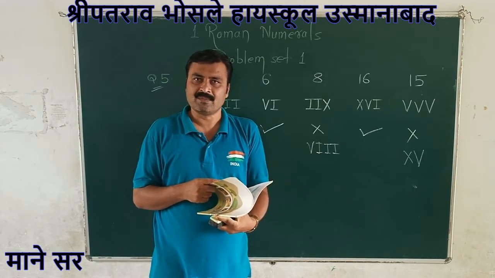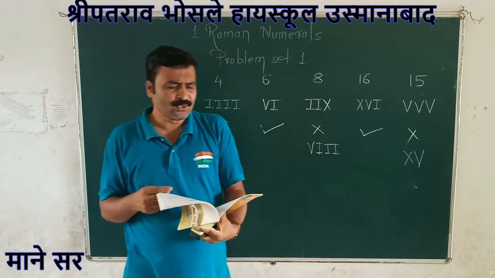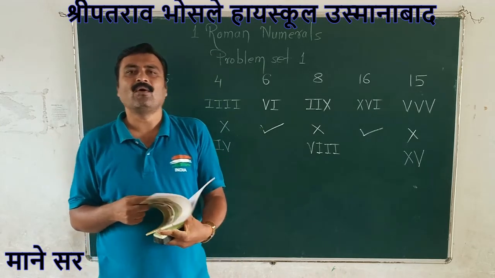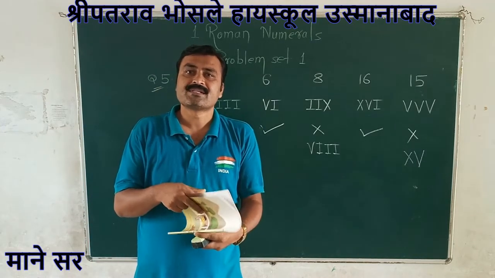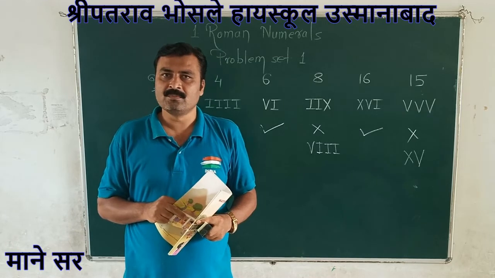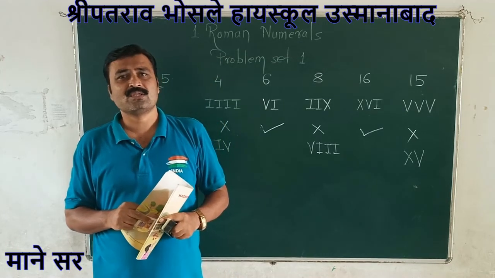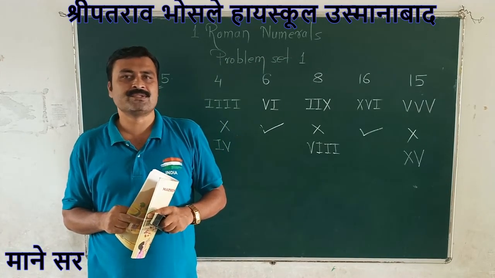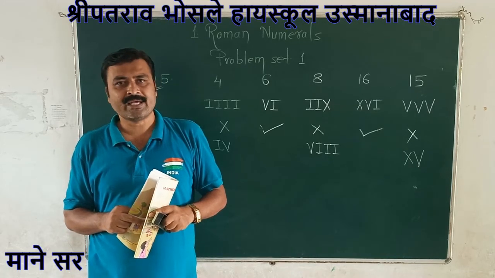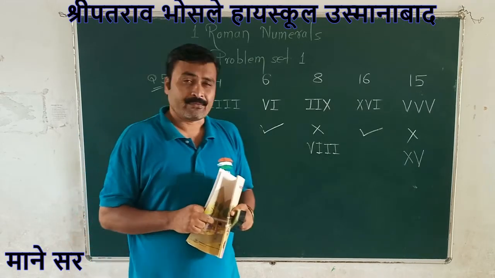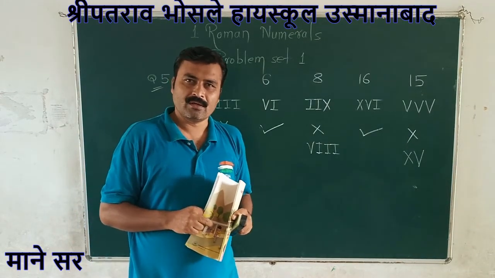So try to catch up on this part here. This is the end of our first lesson, Roman numerals. Let's observe all these 8 videos carefully and listen carefully as I write on the green board.